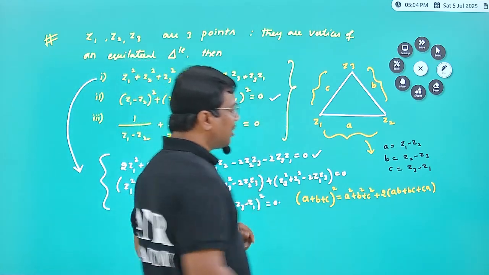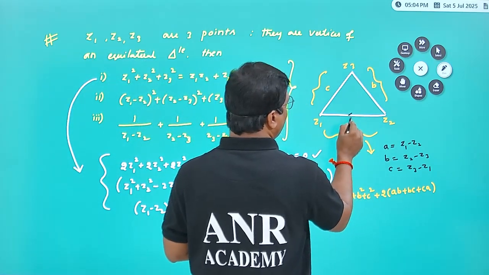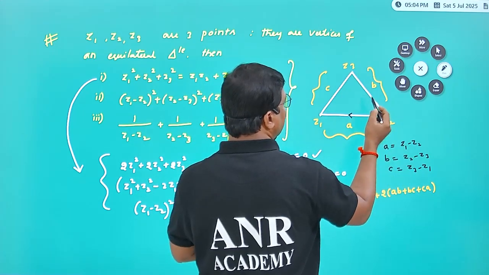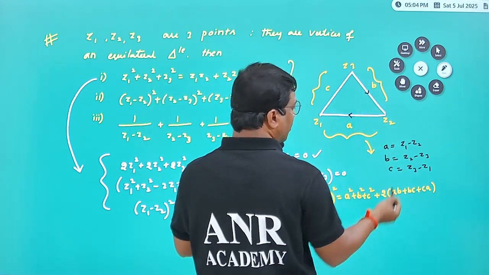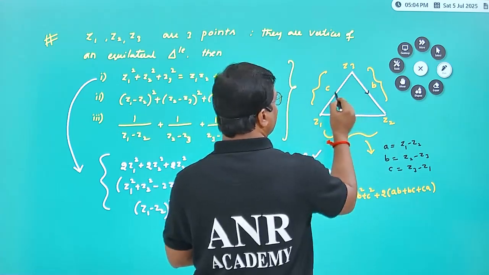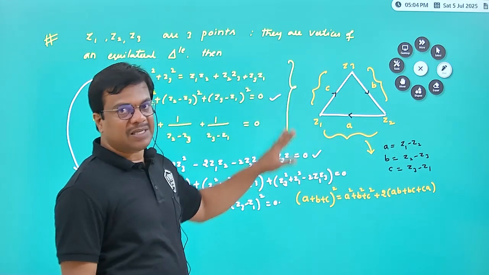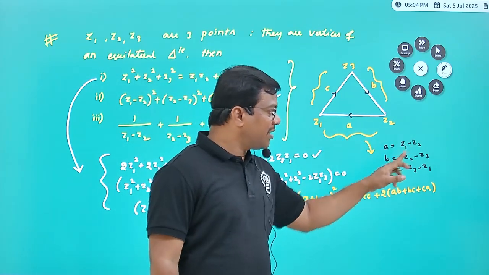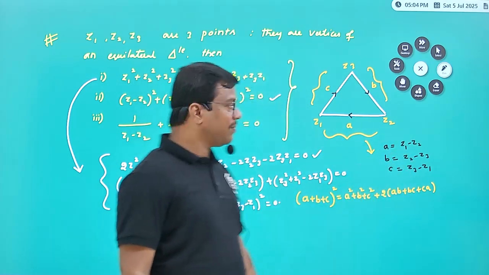Assume that a bar, b bar, c bar, three vectors. Notation z1 minus z2, z2 minus z3, z3 minus z1.